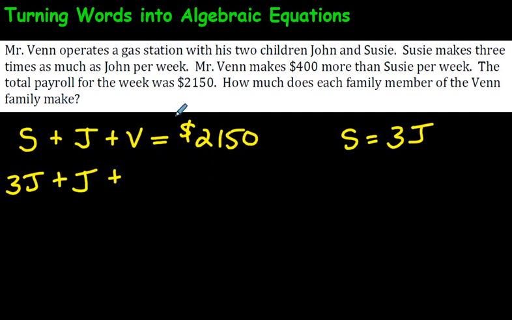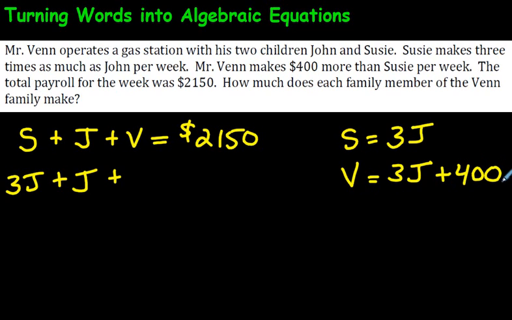What about Mr. Venn? What does it say about him? Mr. Venn makes $400 more than Susie per week. Well, we know how much Susie makes. Susie makes 3 times what John makes, but Mr. Venn makes another $400 more.